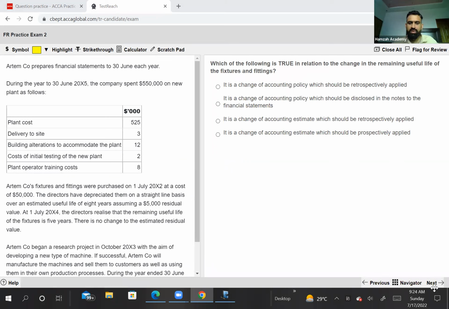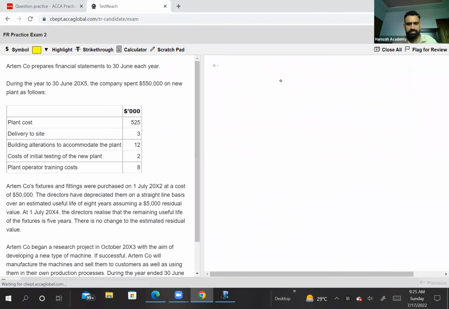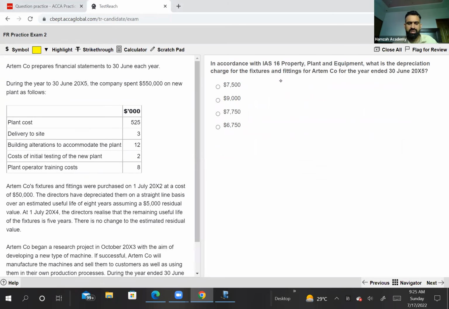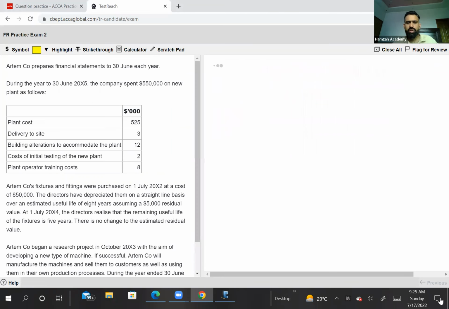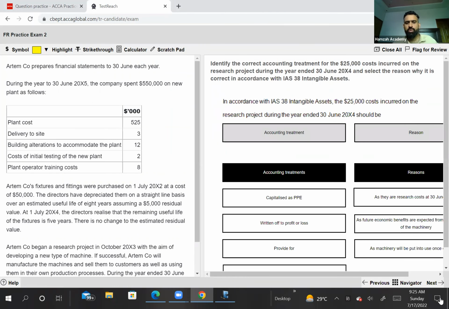The OT case study will remain the same, but the OT question will change. This is the first OT case study, and now this is a second OT question relating to this case study, and so on. This is a third OT question, and this is a fourth OT question relating to the first OT case study.